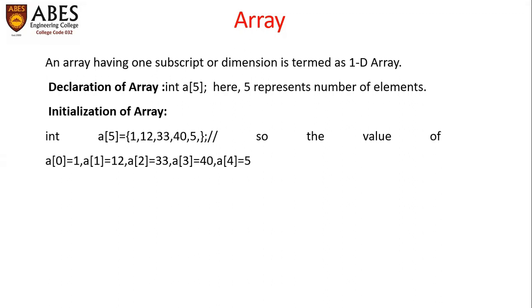Type tells what kind of elements you are going to store, like int, float, or char. That is a mandatory part. Similarly, a name is required under which the elements are stored. Like here, int a[5], a is the name, and 5 is the size. The size is enclosed within a single pair of subscript brackets that shows the dimension. So a[5] means you can store 5 elements in the array. So this is the declaration of the array.